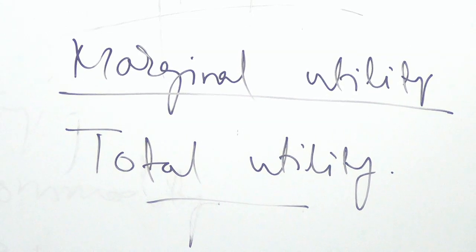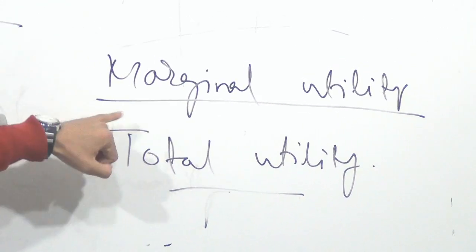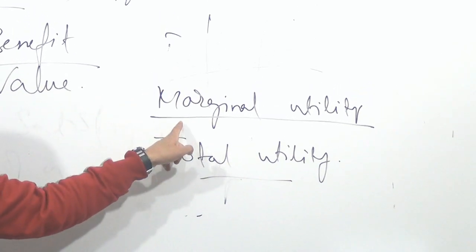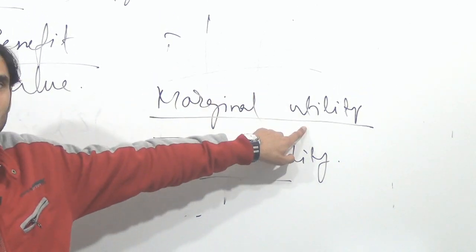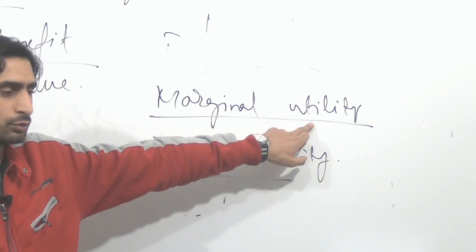Marginal means the unit change. This change could be negative, this change could be positive. Here we are talking about how each and every successive unit consumed imparts utility or satisfaction or increases the utility of a consumer.